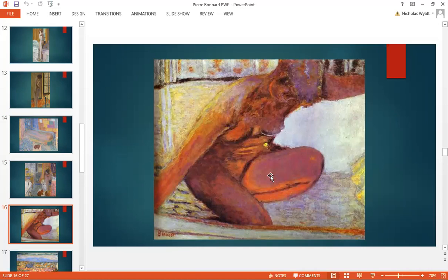He's actually used this really similar tonal equivalence of this warm violet, which is interspersed here and there with bits of cooler lilac and blue. But it's created this incredible, intoxicating light, the reflected light in the shadow area of her body. Look at those lilacs up there against these oranges.